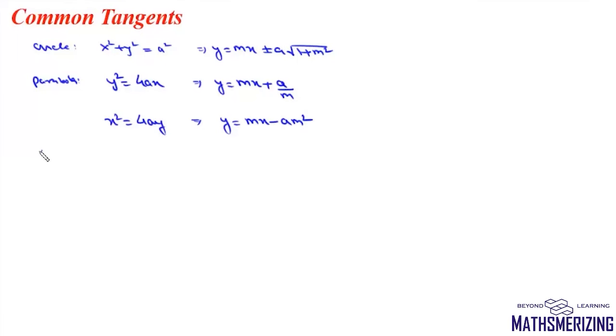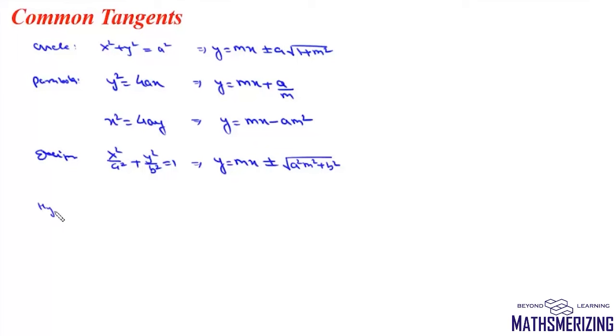Then we have the equation of ellipse, which is x square upon a square plus y square upon b square equals 1, and for that the equation of tangent is y equals mx plus minus under root a square m square plus b square.